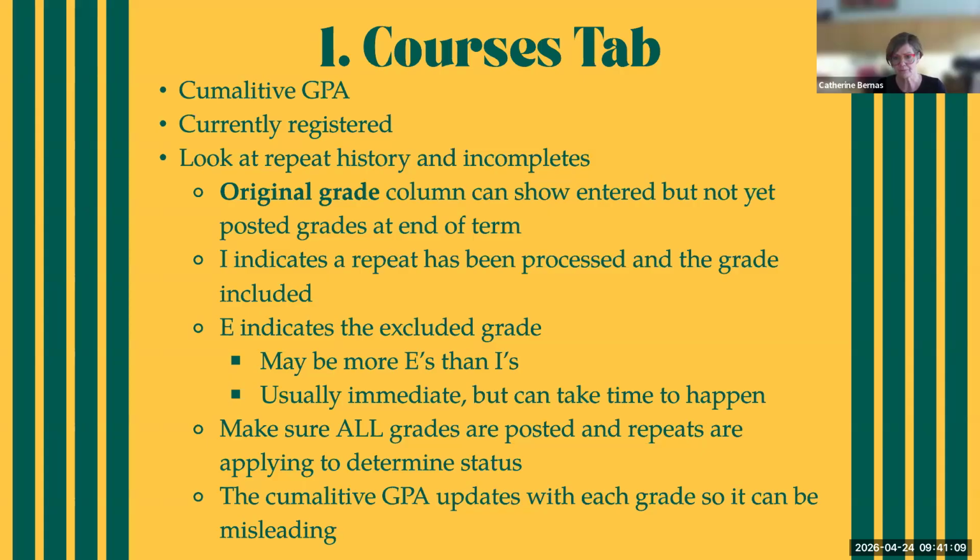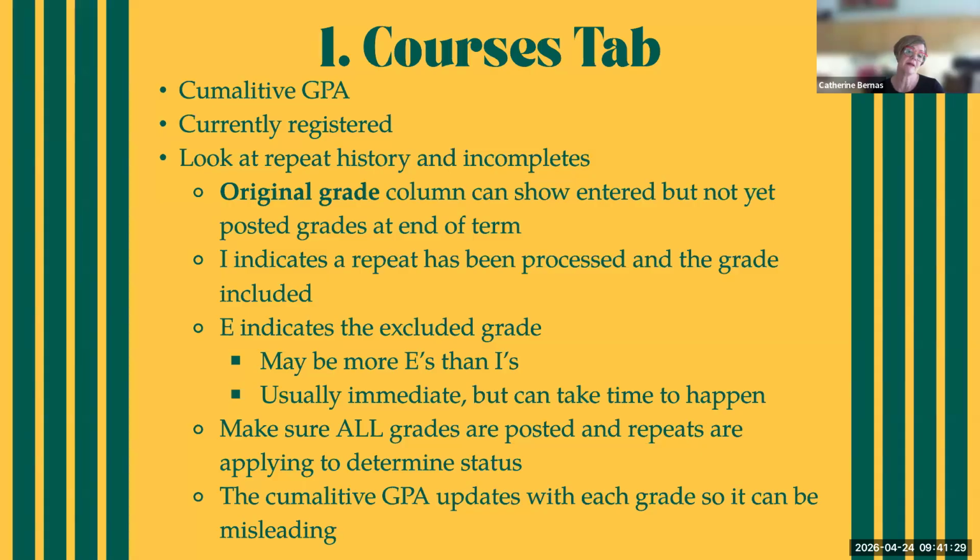I can also look to see their past registration. I might want to see if any of those courses they're taking are repeats. So I'm going to look further down into what they've already taken to see if any of them are repeats and might replace a low grade.